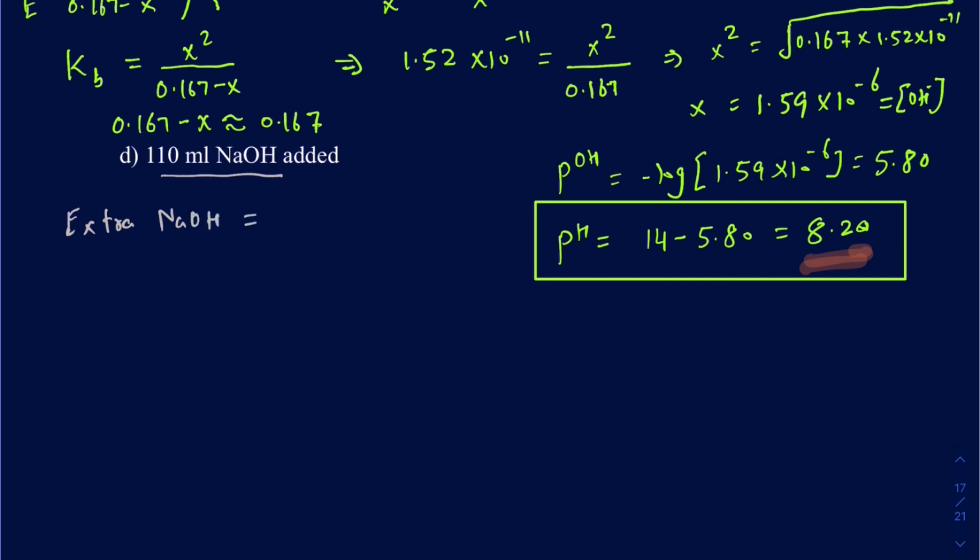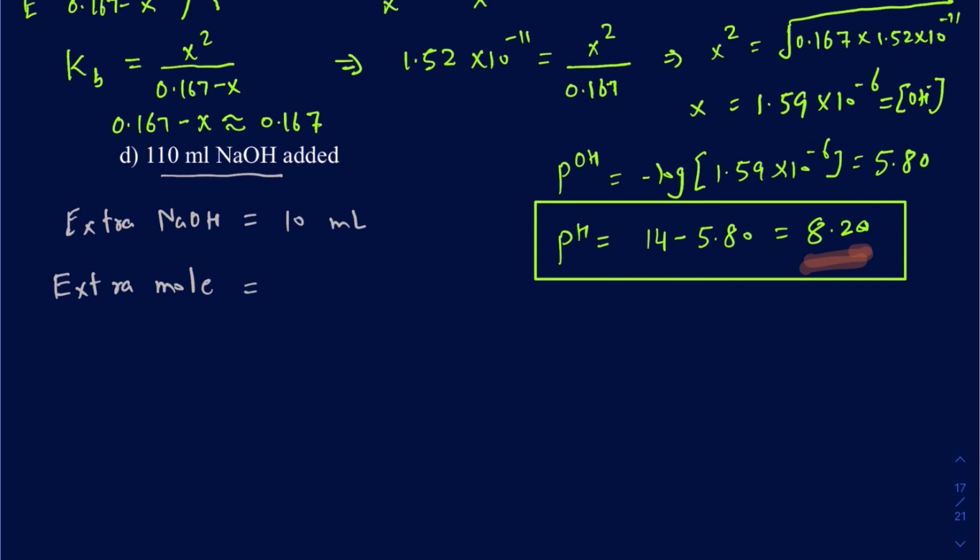So the extra NaOH would be just 10 milliliters after reaching the equivalence point. So figure out how many extra moles of NaOH you have. So I'll go ahead and write that down here. And that's exactly the thing you're going to be doing in a weak base strong acid titration. After passing the equivalence point, you're only going to be focusing on the excess of your strong acid or strong base.